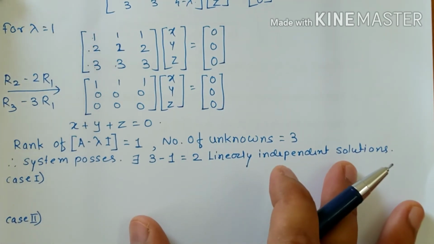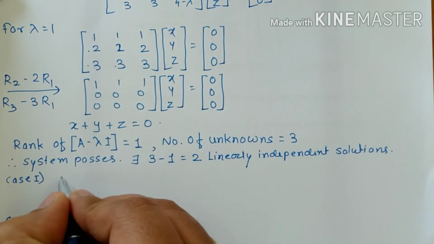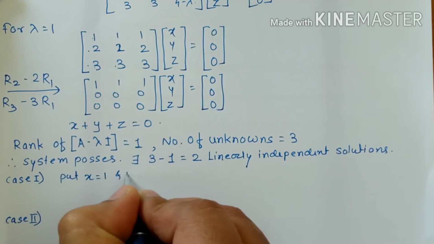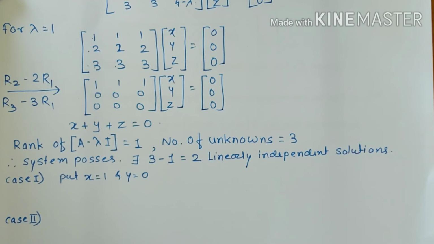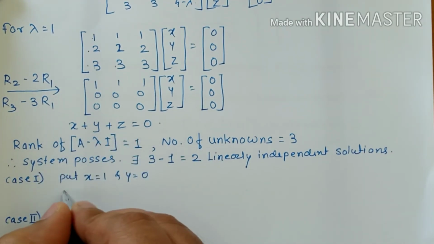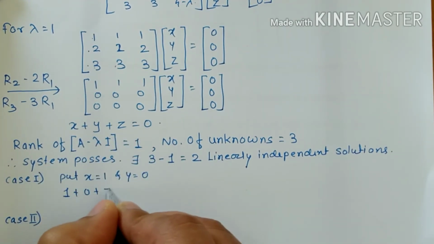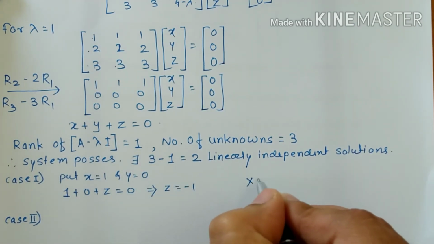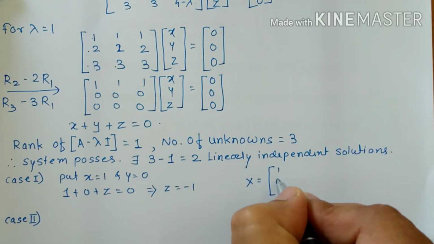The choice is yours. So we make a substitution, put x is equal to 1 and y equal to 0, which gives 1 plus 0 plus z is equal to 0. This implies z is equal to minus 1. So I am getting the vector 1, 0, minus 1.